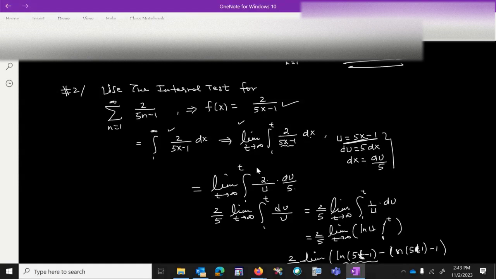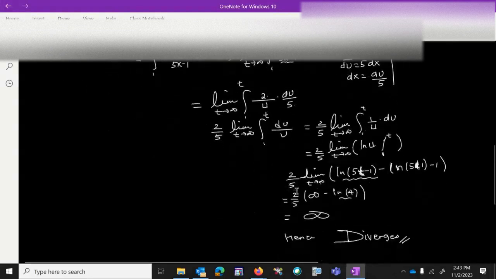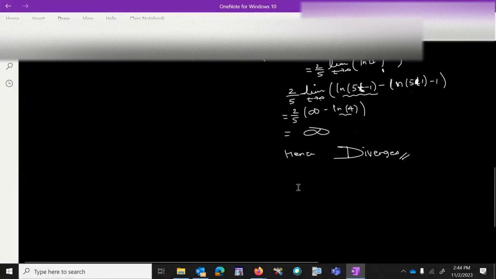After that, keep substituting and be careful calculating your numbers. Finally, you will get a limit of a specific number or an infinity. If it is a specific number, you say this converges. But if you get an infinity, you say this diverges.